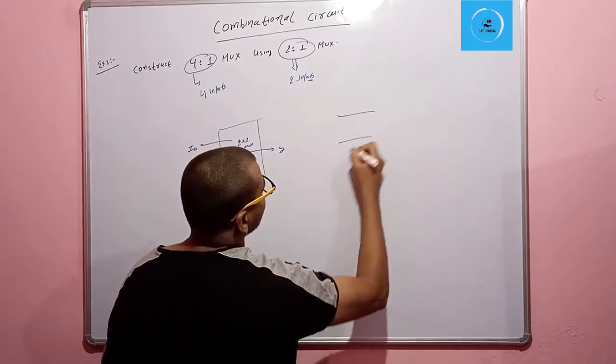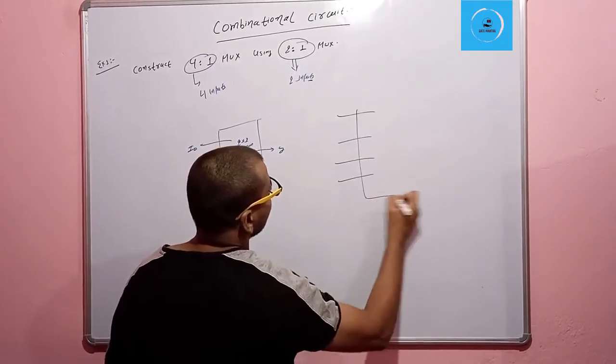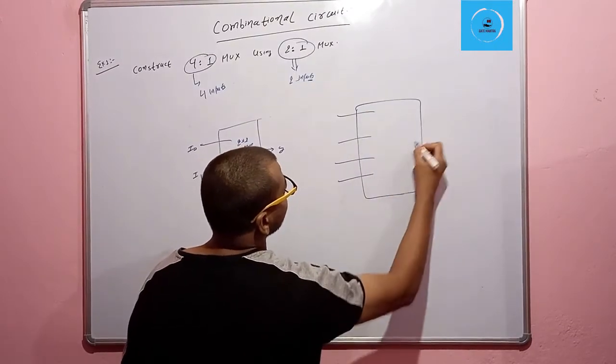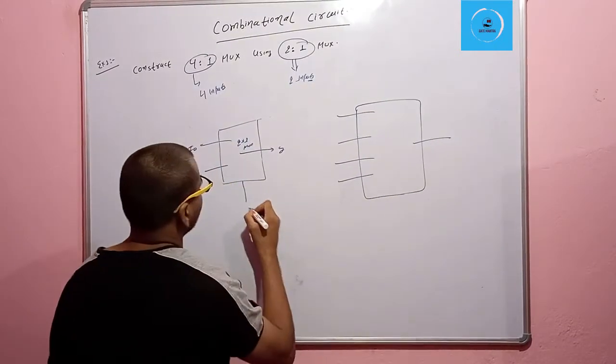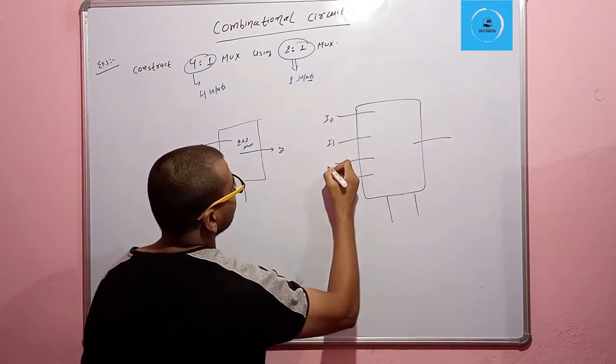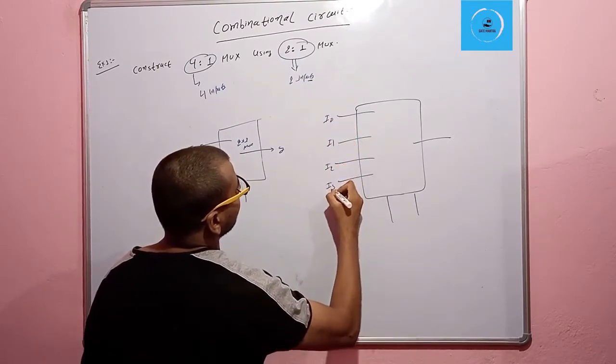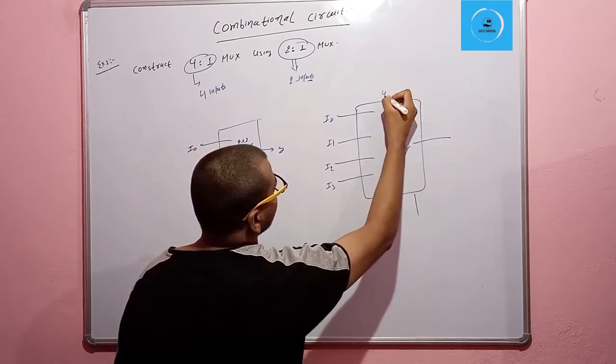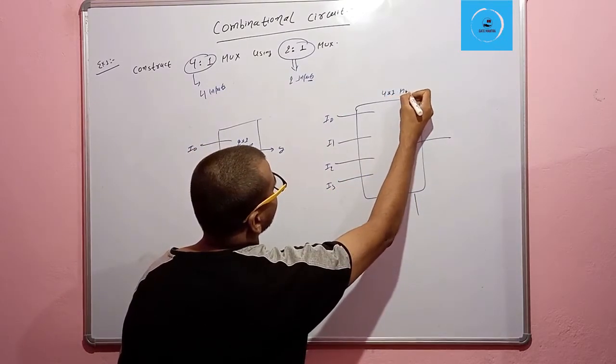This is the 4 to 1 mux, and here are the 2 select lines, with inputs I0, I1, I2 and I3, and this is the output Y.